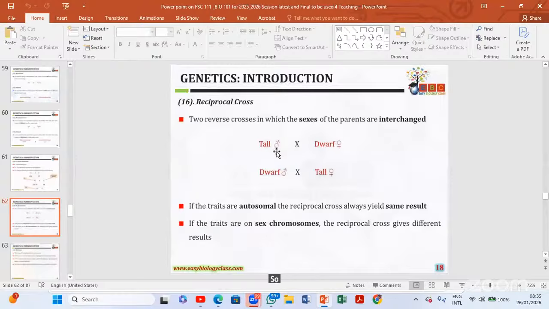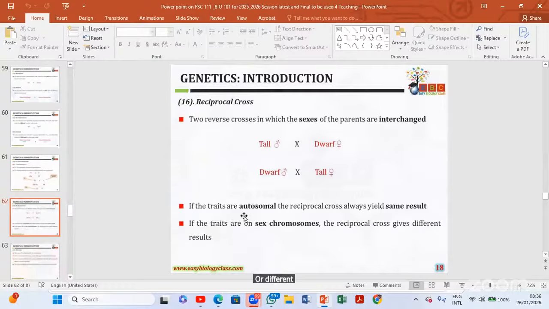So after this, we will get some results in their F1. Then we look for a male that is dwarf and cross it with a female that is tall. Now, we get some result as well in their F1. When we do this, we try to compare whether the result will be the same or different.